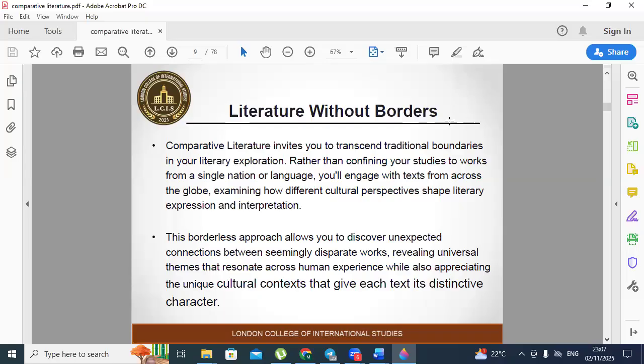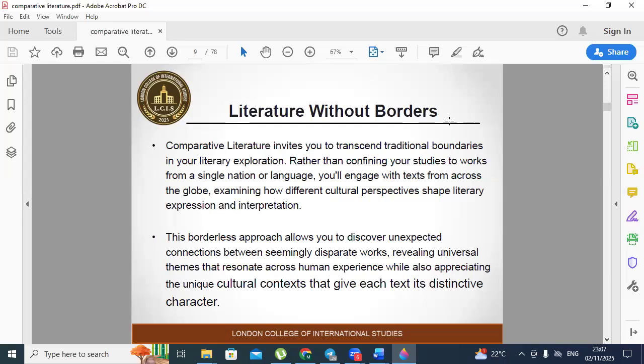So this slide introduces a powerful metaphor: literature without borders. It's a call to action for your own approach to study. It reiterates that you won't be confined to a single nation or language. Instead, you will engage with texts from across the globe.